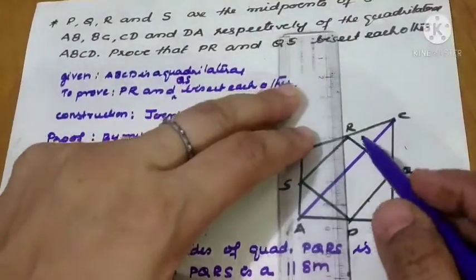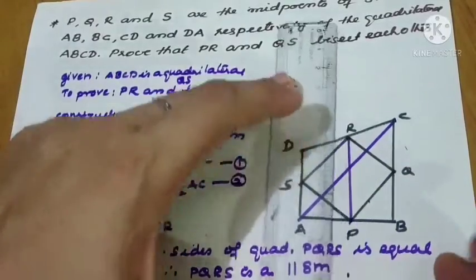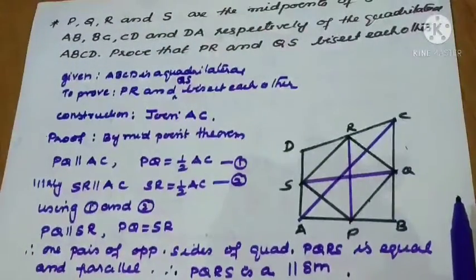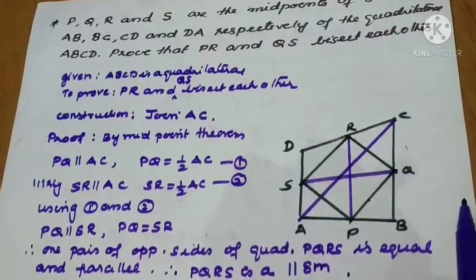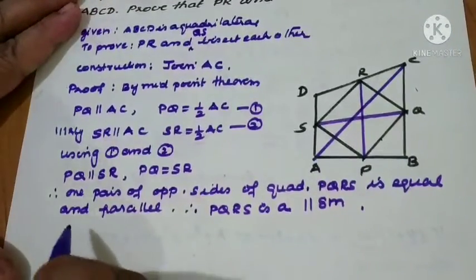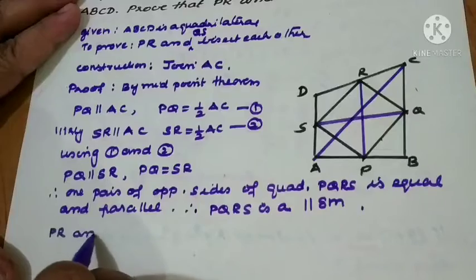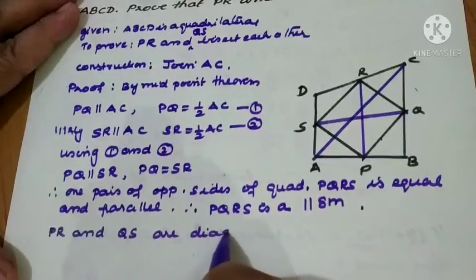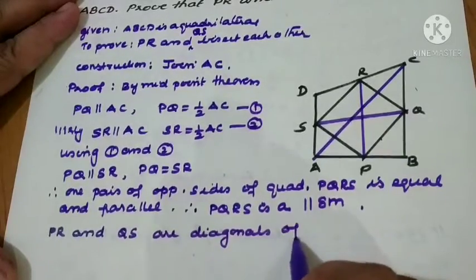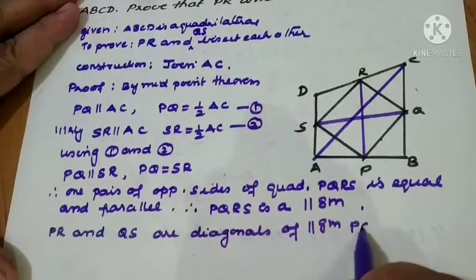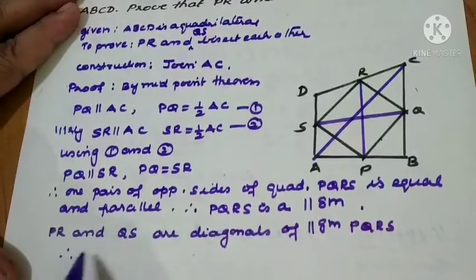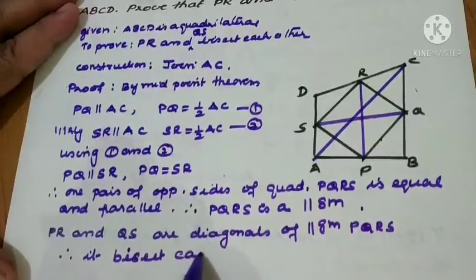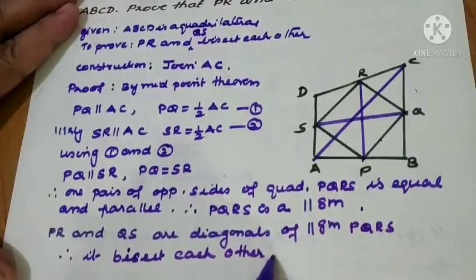If PQRS is a parallelogram and we join PR and SQ, which we can because they are diagonals, then PR and QS are diagonals of the parallelogram PQRS. Therefore, they bisect each other. Hence proved.